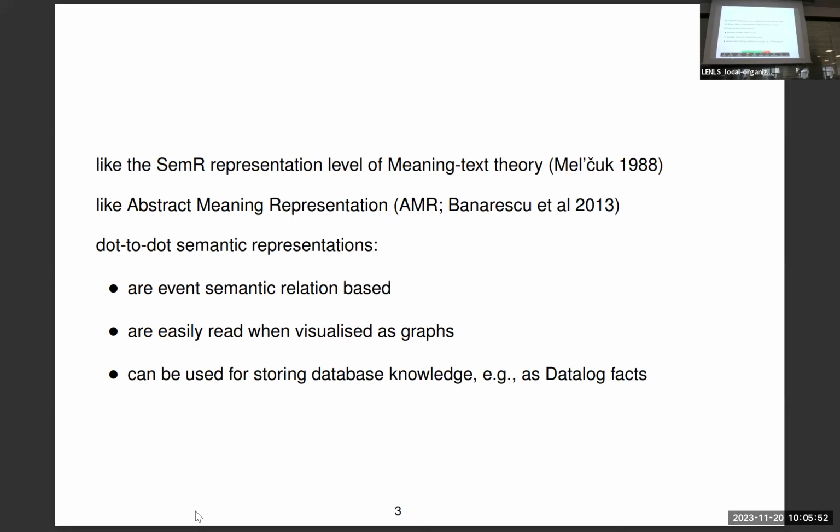We've seen a lot of event semantic relation-based work already. This kind of stuff is very easily visualized as graphs. That's the most attractive feature: you can really easily read these graphs, which is more attractive than a formula. And you can use them for knowledge representation purposes, which is useful.